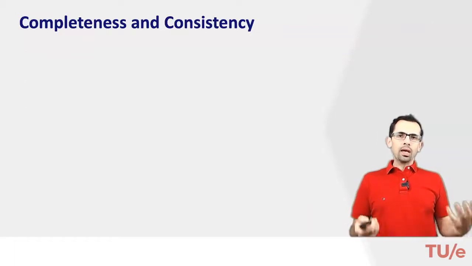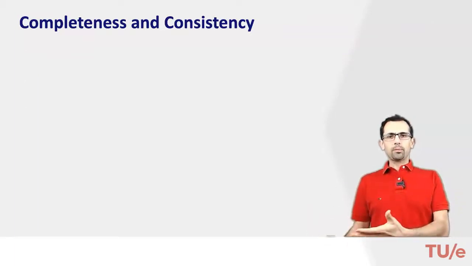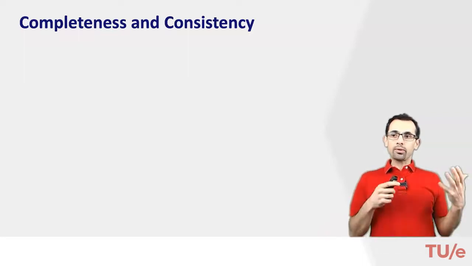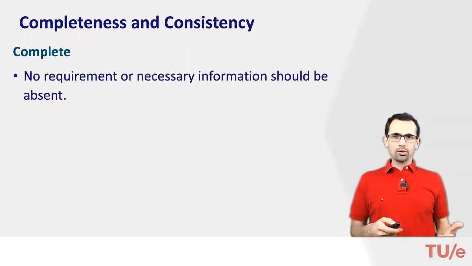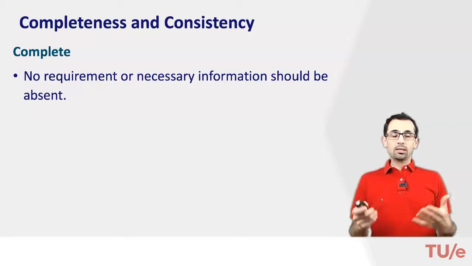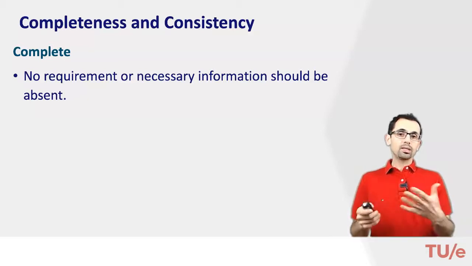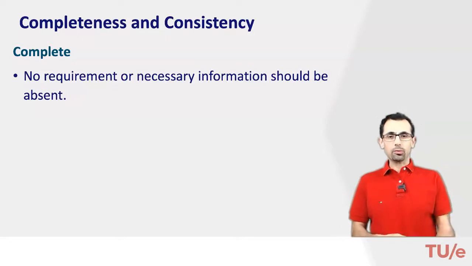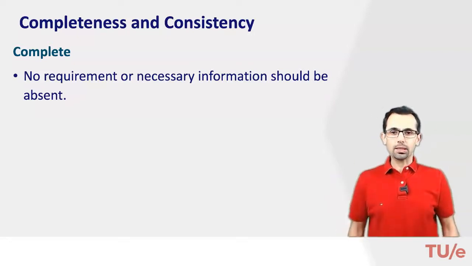Now again, like the case for the requirement statements, here we also have completeness coming to our front. What this means is that essentially no requirement or necessary information should be absent. That's what we expect from a collection of requirements.